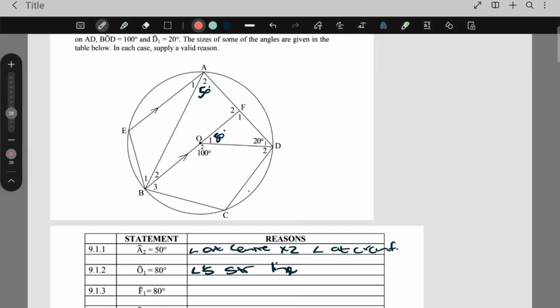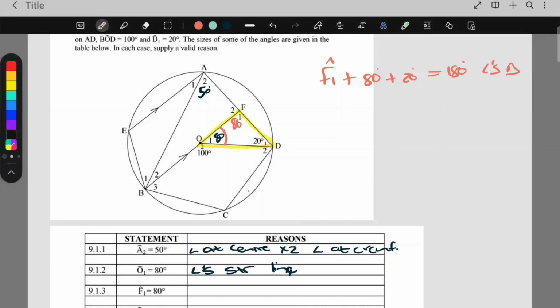That one is quite obvious. Here we have a little triangle, and we know the angles in a triangle must add up to 180. So F1 plus 80 plus 20 must be 180.